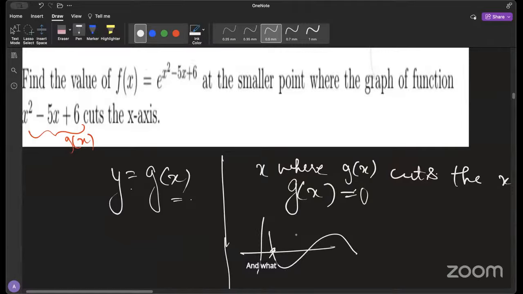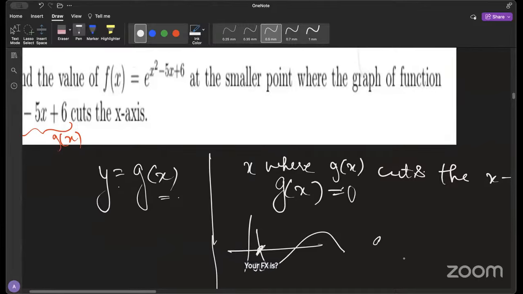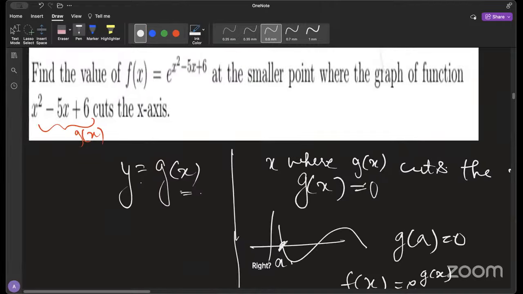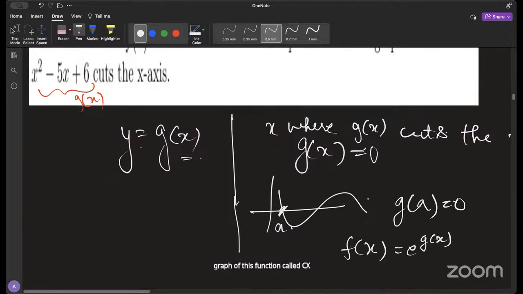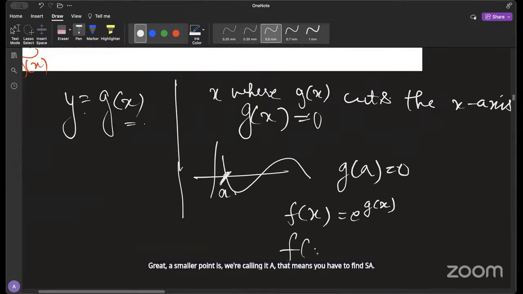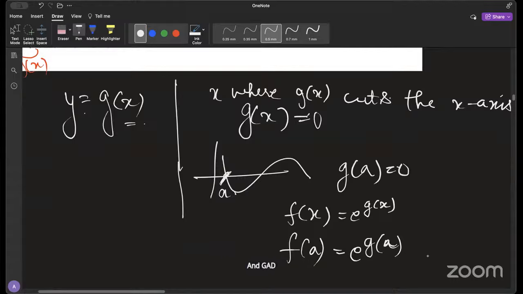And what do you have to find? Your f(x) is e to the power g(x), right? You have to find the value of this at the smaller point where the graph of this function cuts the x-axis. That means you have to find f(a), and f(a) is e to the power g(a), and g(a) is 0.